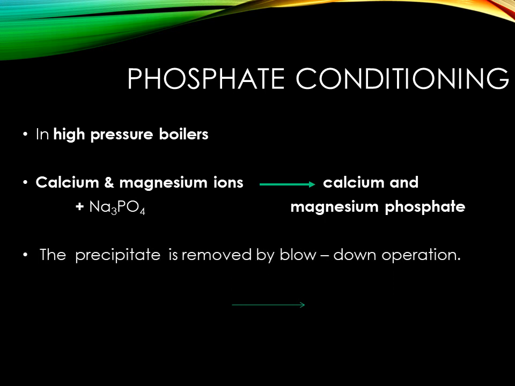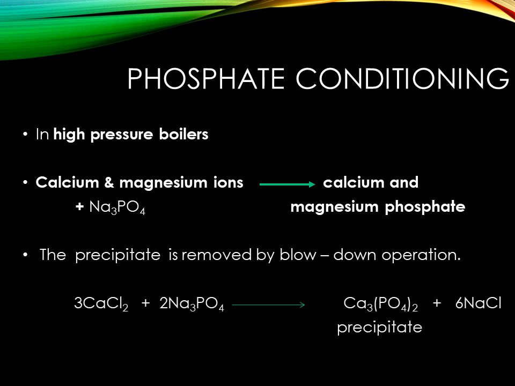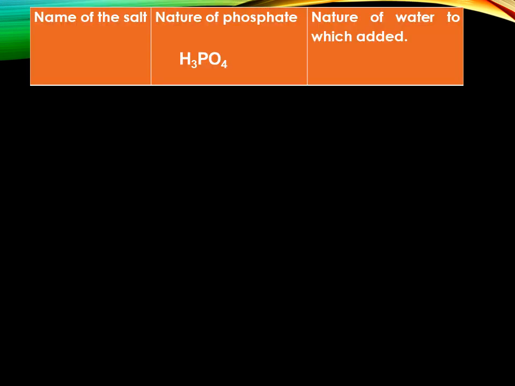This precipitate can be removed by blow down operation. Then calcium chloride present in water, treated with trisodium phosphate, gives you calcium phosphate precipitate and sodium chloride. This can also be removed by blow down operation.